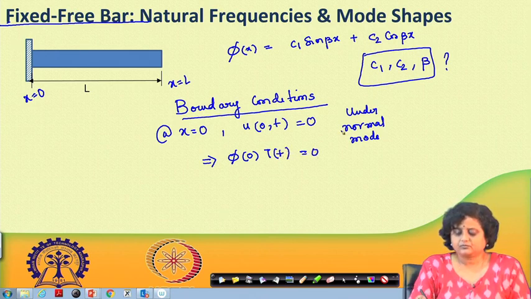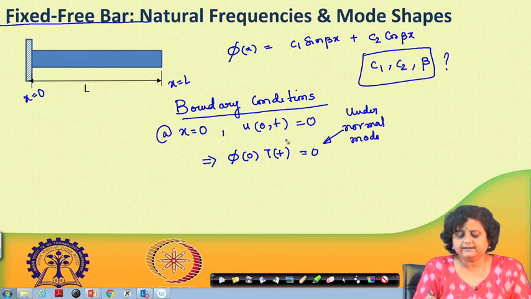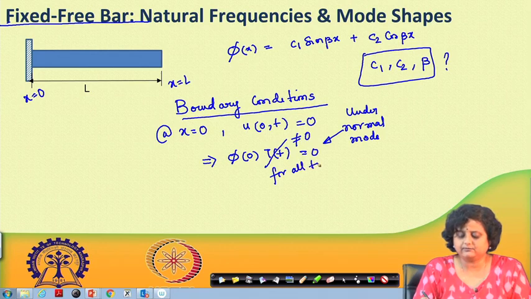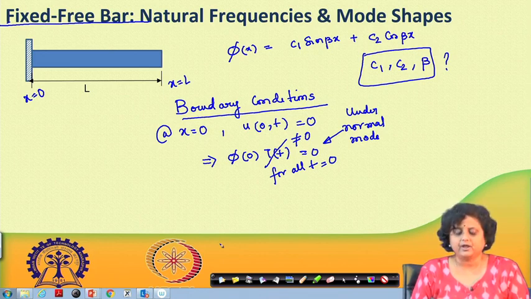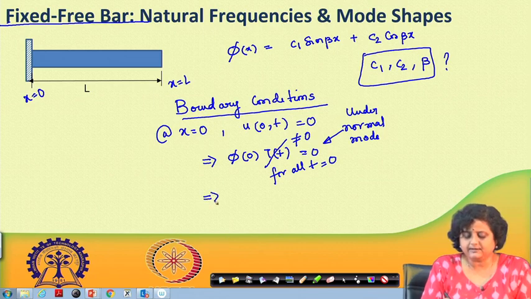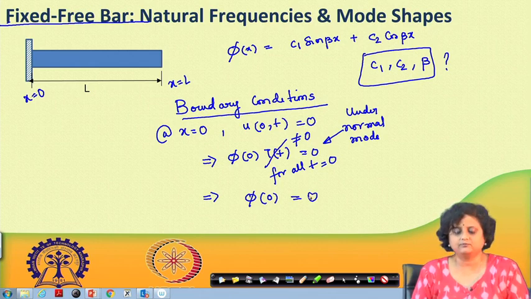Now, T(t) cannot be equal to 0 for all time instances t, as that is a very trivial case. So T(t) cannot be 0 for any arbitrary t. Therefore, φ(0) has to be 0 to satisfy this boundary condition under normal mode of vibration.